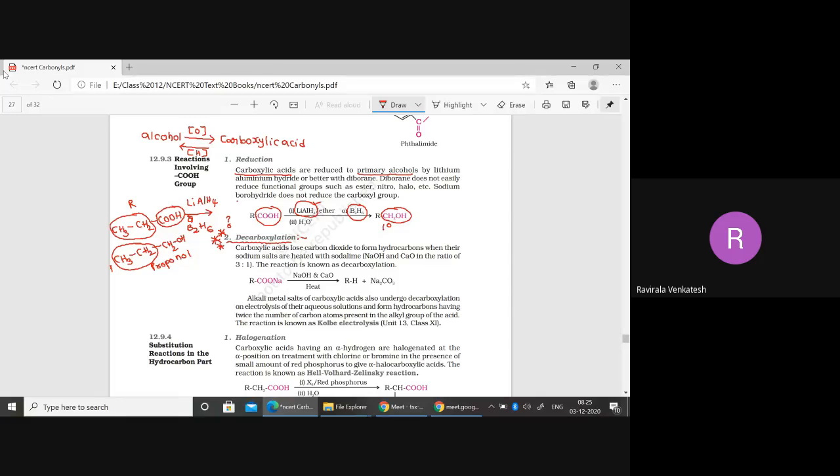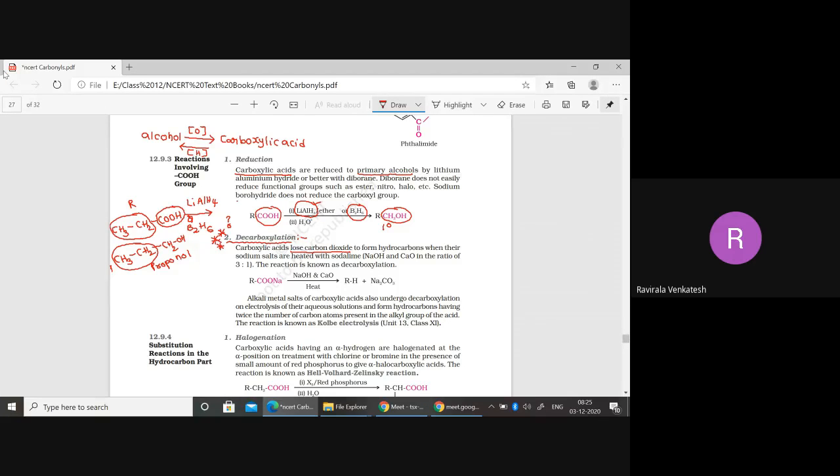What is the meaning of decarboxylation? Removal of carbon dioxide. Loss of carbon dioxide from carboxylic acid is called a decarboxylation reaction.